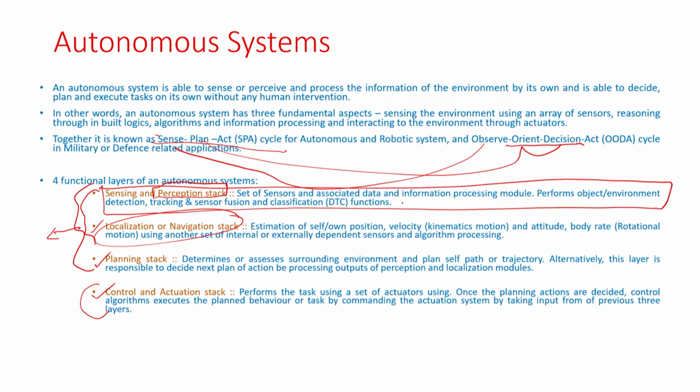Planning means, suppose your information is processed, you know what your detection is, and you are able to track. Track means you want to follow the trajectory of the moving vehicle, or continuously monitor it. Classification means what kind of object it is, whether it is a static object or a moving object.